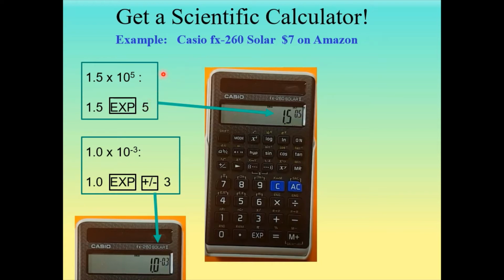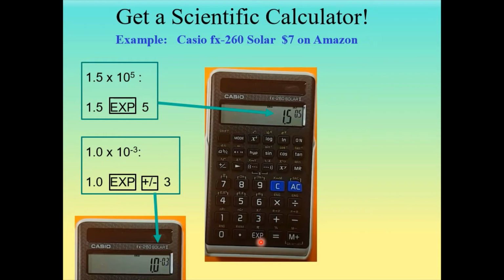Let me show you an example here for this particular calculator. If you wanted to type in the number 1.5 times 10 to the 5th, the way you enter that in this calculator is, you would push 1.5, and then to get the exponent, you press this key down here. On this calculator, it's called EXP for exponent.